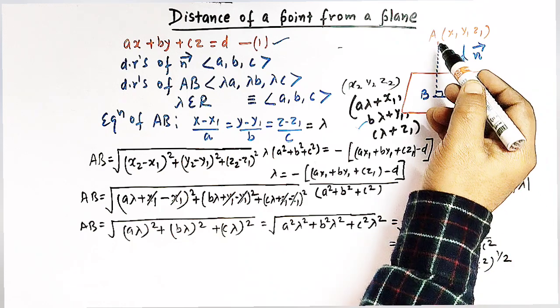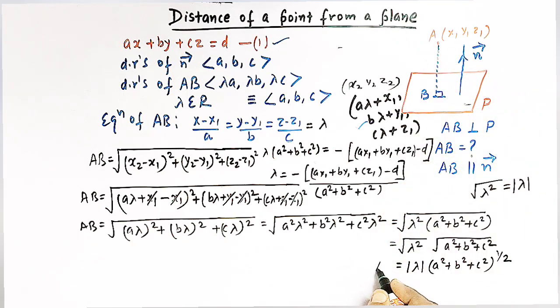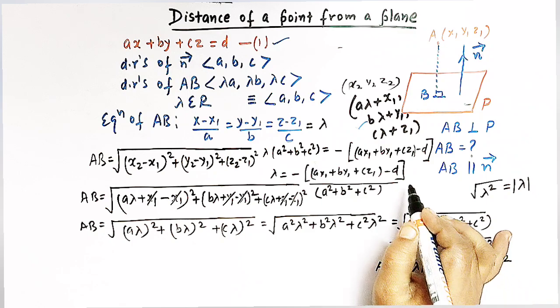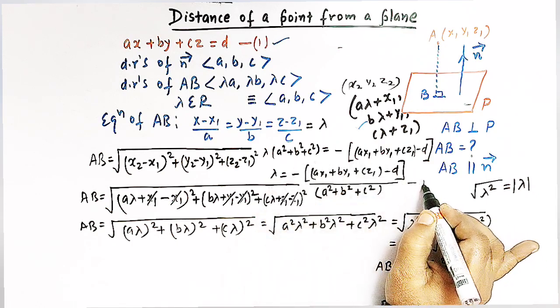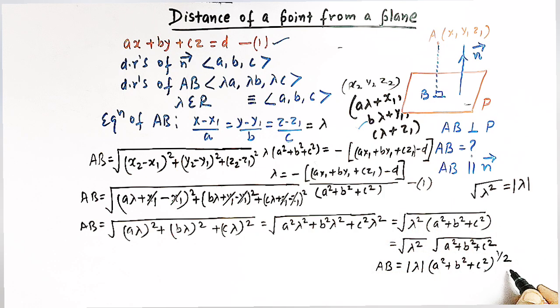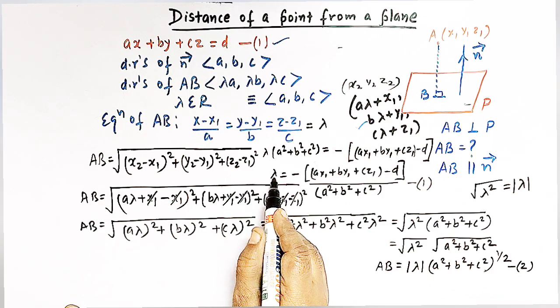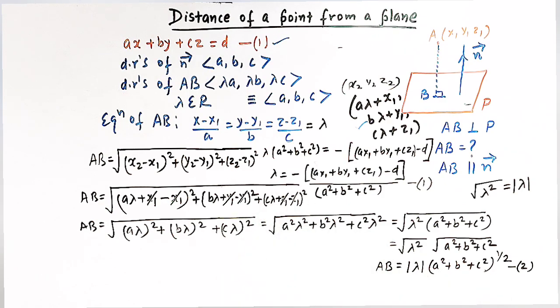So the distance between A and B is given by this expression, right? So we have the value of lambda given by this expression. So let us take it as equation number 1, and this as equation number 2. So let us substitute this value of lambda in equation 2.